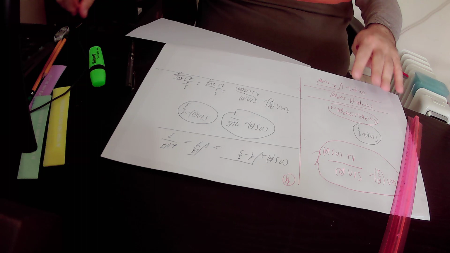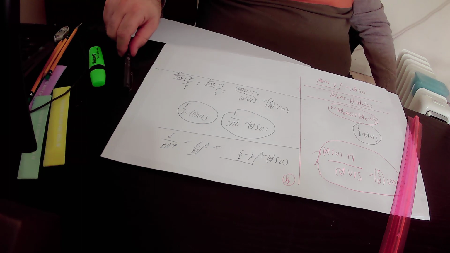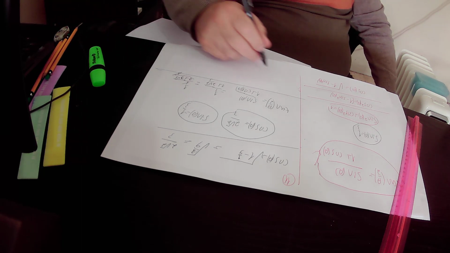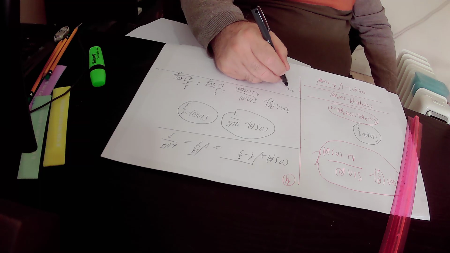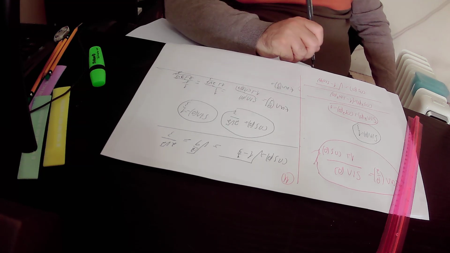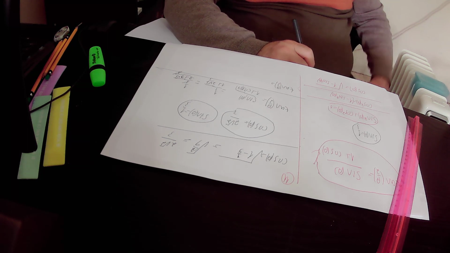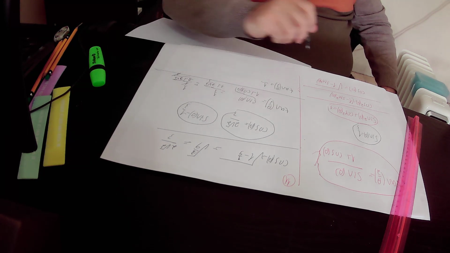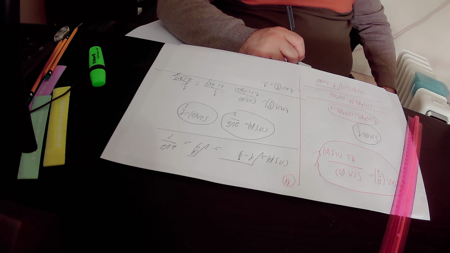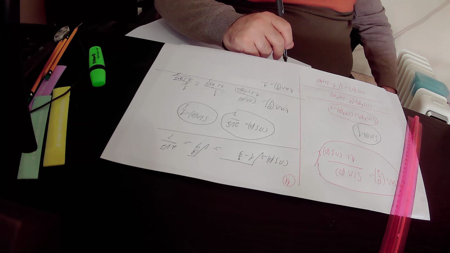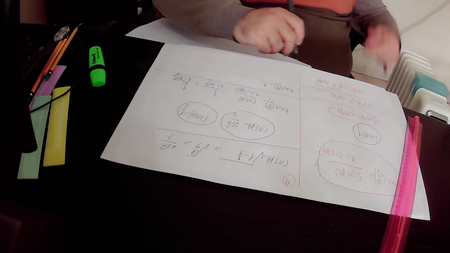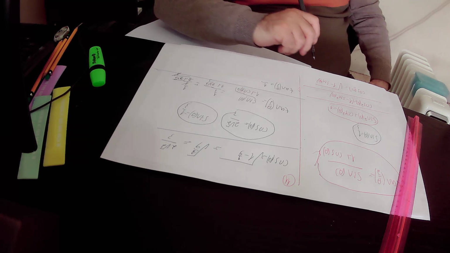So in conclusion, we found out that tangent theta over 2 is equal to 1 over 3 plus 2 times square root of 2.